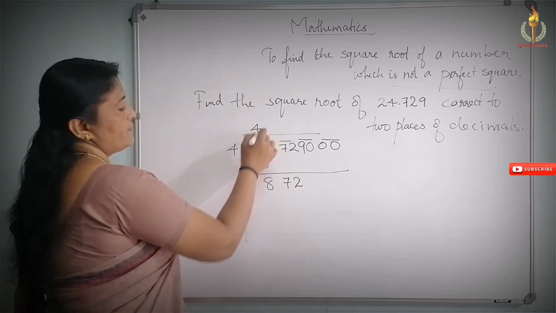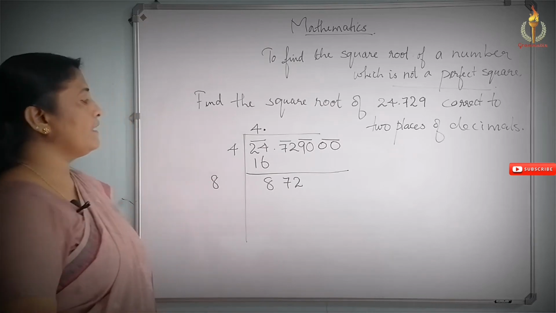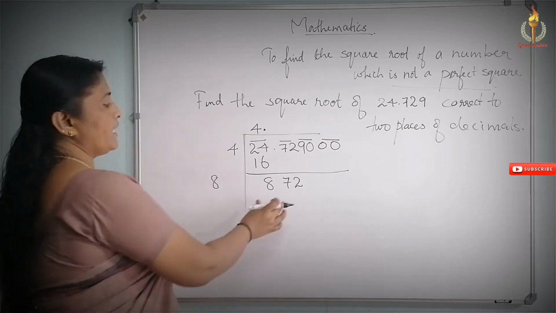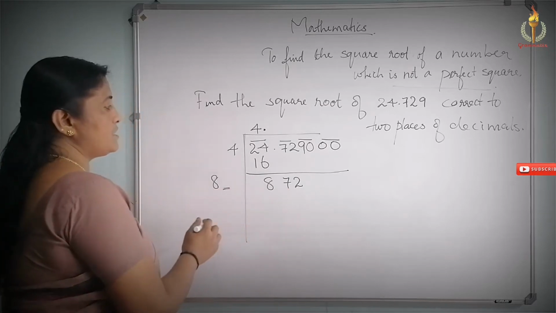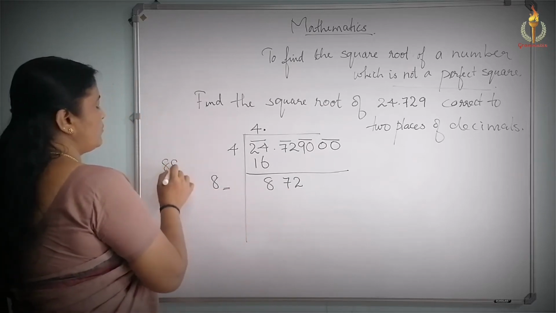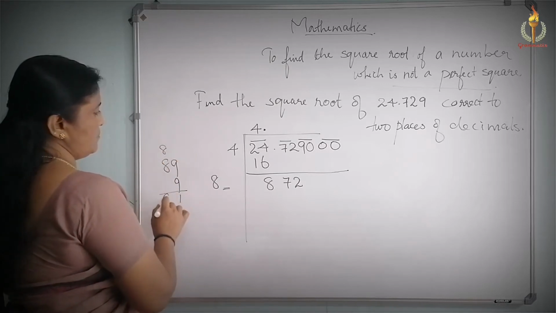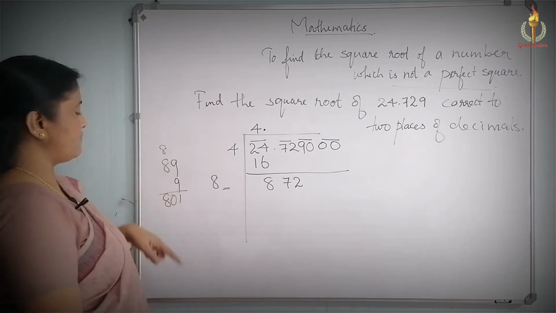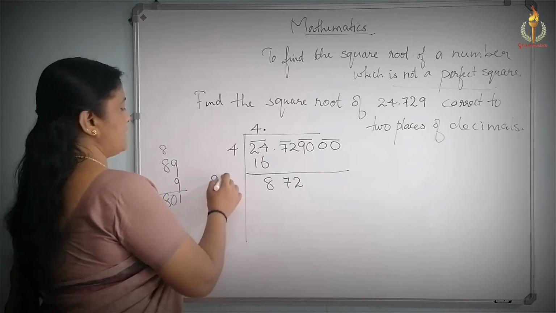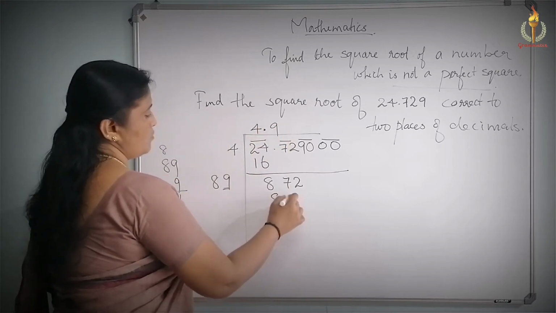So here you will have the decimal point. 4 plus 4 is 8, double it and write it here, and you have to put one number here so that you get 872. So it will be going for the largest number. 9 8s are 72, plus 8 is 80. 9 9s are 81. So 89, 9 gets you 801.